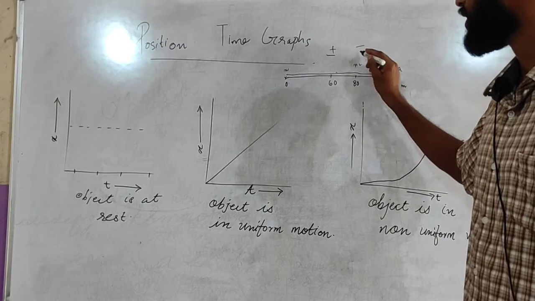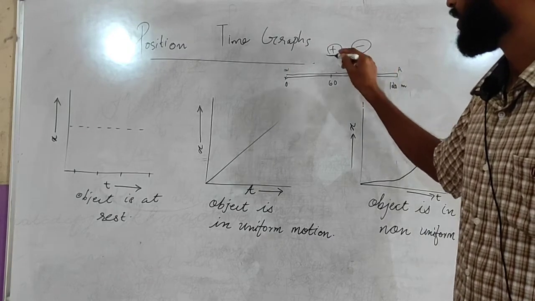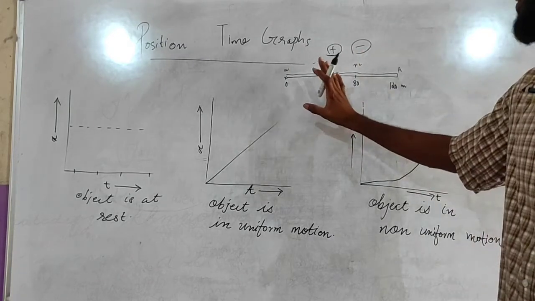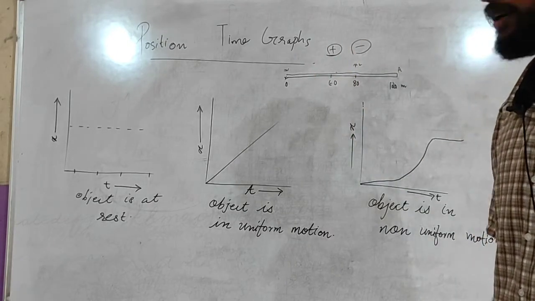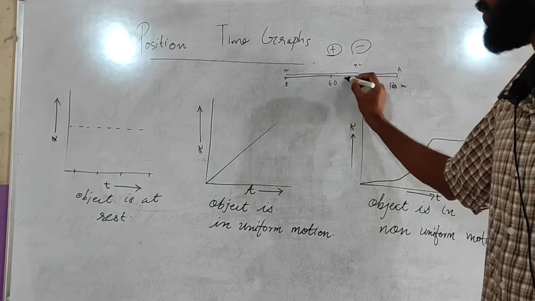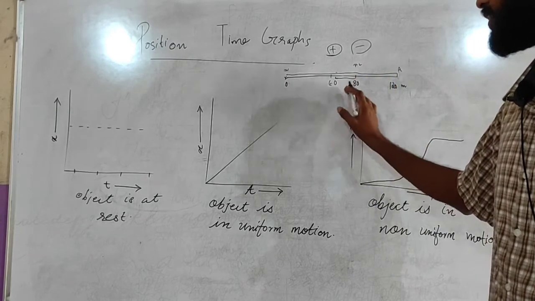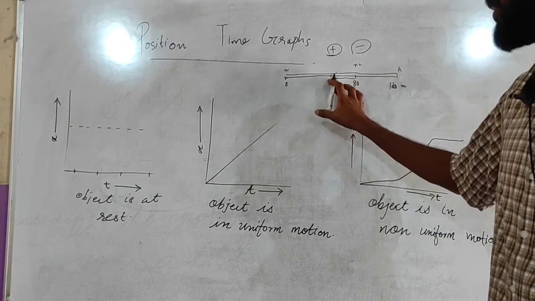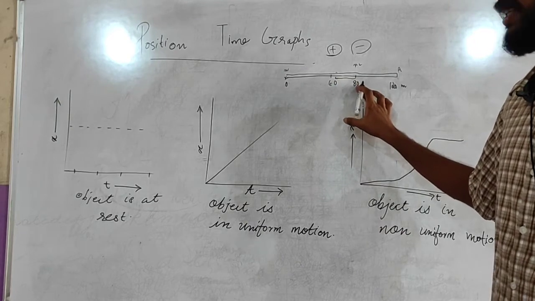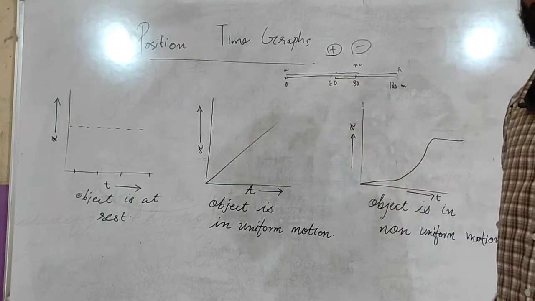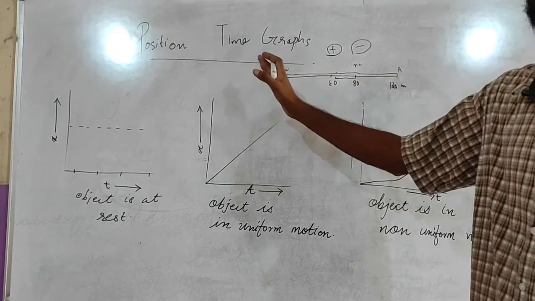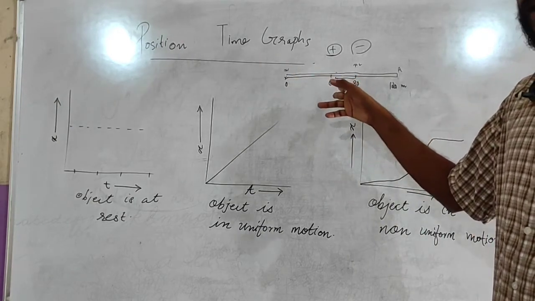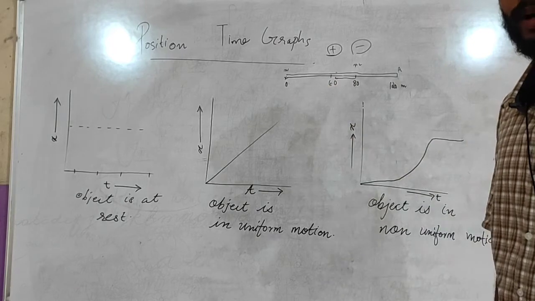If it is minus, the movement is from right to left. Suppose the motion happened from 80 to 60, that is from right to left, x2 is 60 and x1 is 80, x2 minus x1 will be minus 20. That means the movement happened in the left direction, because the displacement value is negative, minus 20.